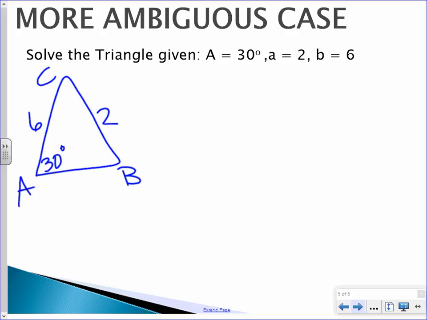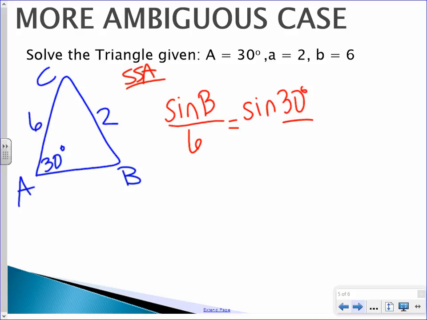Okay, so we have side-side-angle. We know it's the ambiguous case for the law of sines. So we're going to set up our proportion here. We need to find angle B because we have side B, and we know angle A and side A.